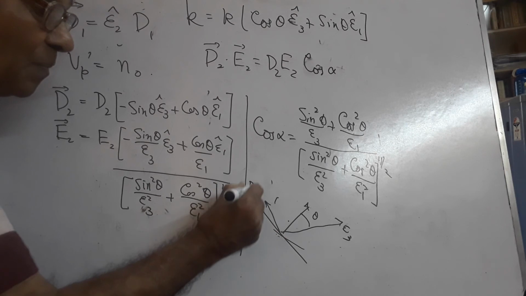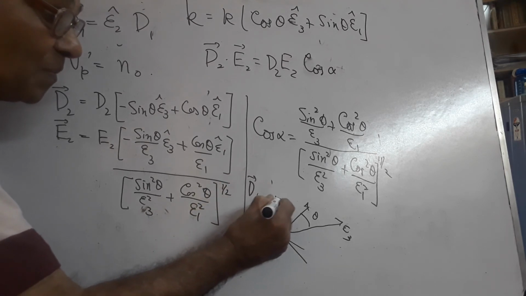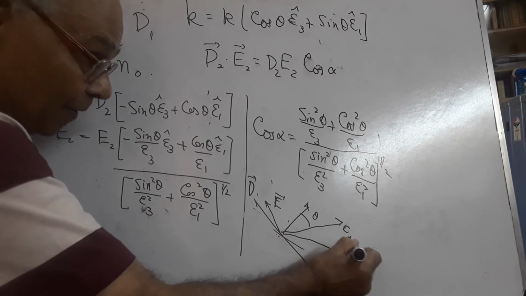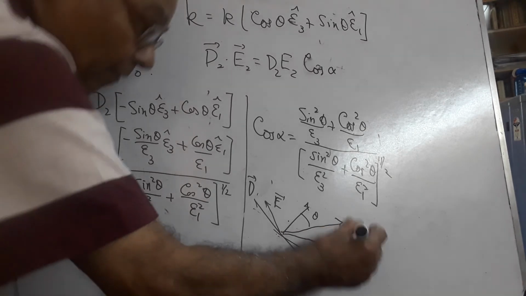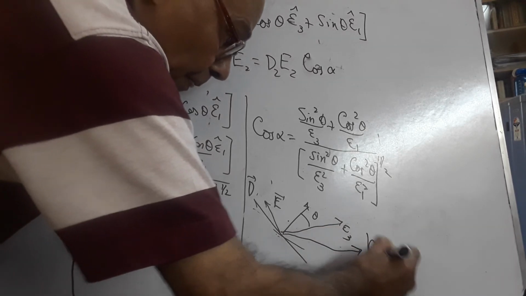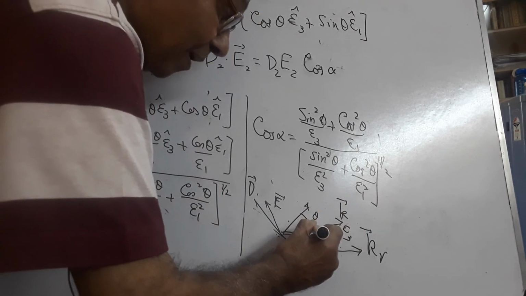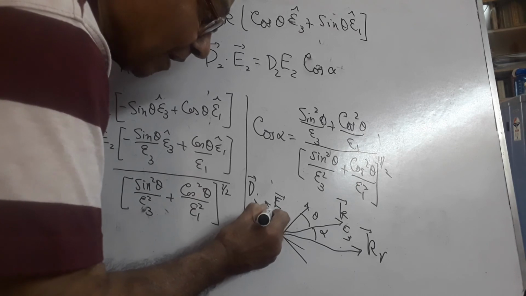D is here, E is here, and my K ray will be perpendicular to E. This is my K ray, and this is my K, and this angle will be alpha.